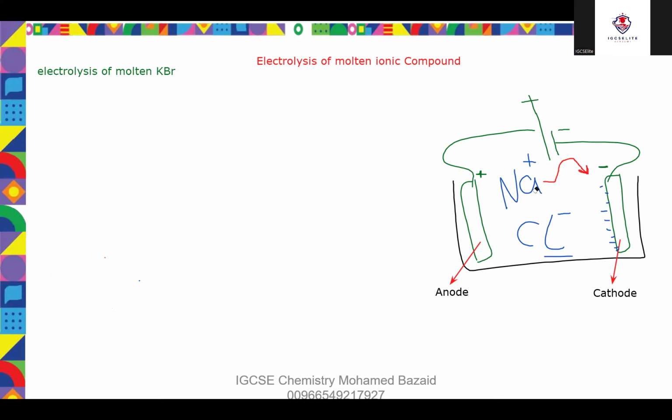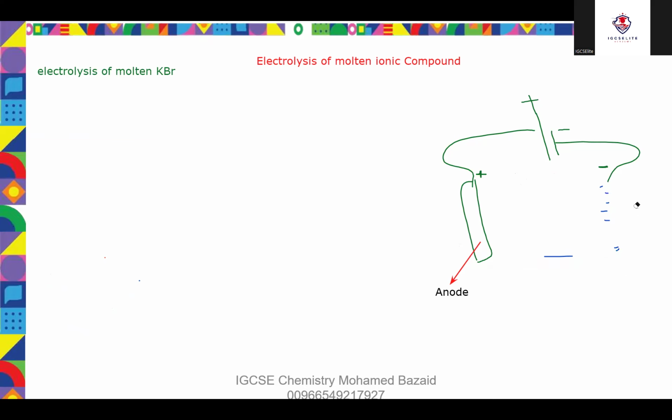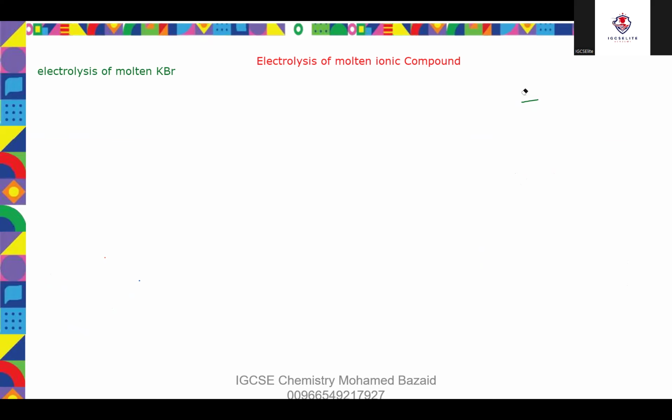It is very easy, molten. You know why? Because you only have a positive ion and a negative ion, nothing else. So again, I will start from scratch to understand. If you don't understand from the first explanation, you will understand inshallah from the second one.